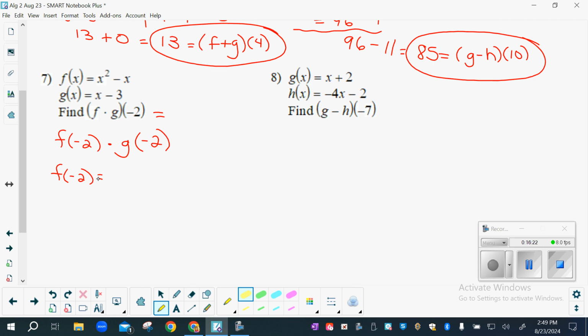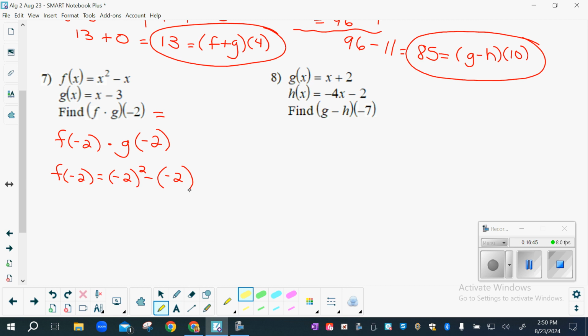Elijah, can you plug in the negative 2 into the equation there? Good. Negative 2 squared minus, good, minus negative 2. So I put parentheses around here. Do I have to put parentheses around that negative 2?